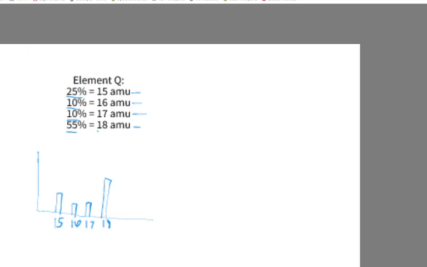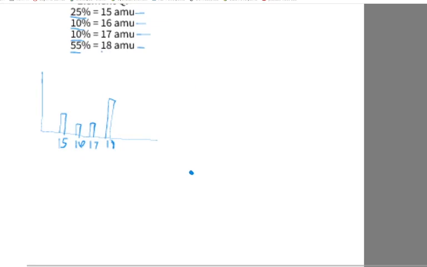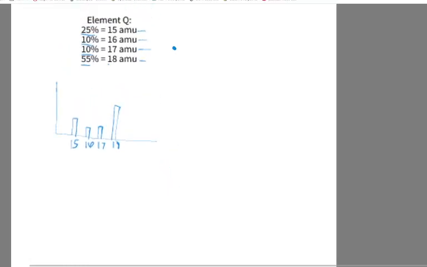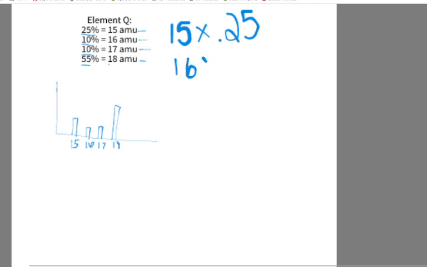Okay, hopefully this will be able to show a little bit better. So here we go. We would do our 15 times 0.25, and then you would do 16 times 0.1, 17 times 0.1, and then you would do 18 times 0.55.